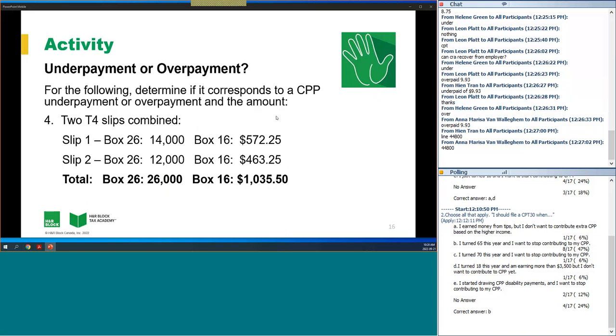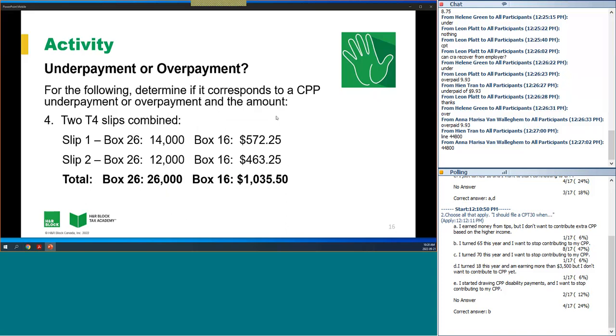So let's try this. The way we do it is we add the slips together, and then we do the calculation. So I'm going to give you all a minute there. We've got box 26 with 14,000 and box 26 with 12,000. We add them together to get 26,000. We have two different box 16 numbers. We add them together to get 1,035.50.